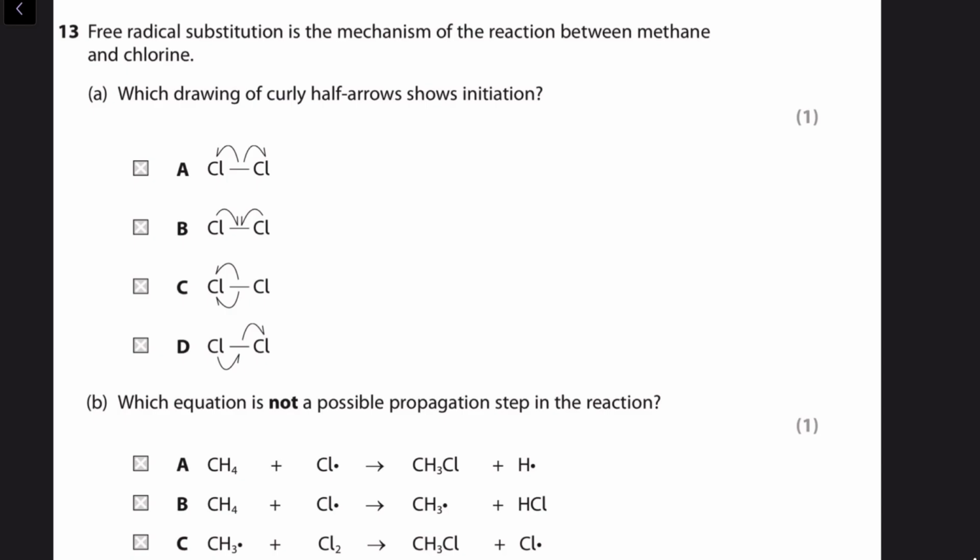Here each atom gets 1 electron from the covalent bond. Also, we draw this using curly half arrows like this, because this one arrow shows the movement of only 1 electron. So the correct answer is A.